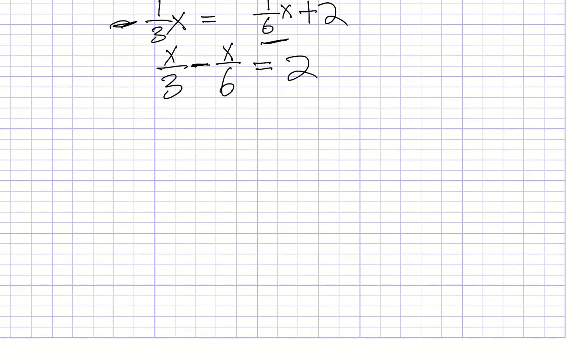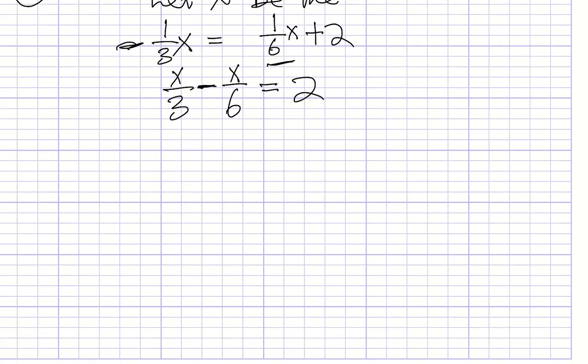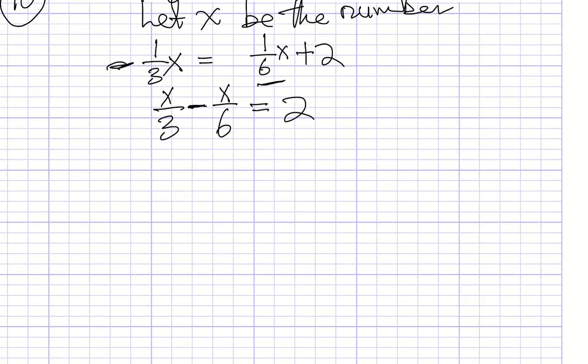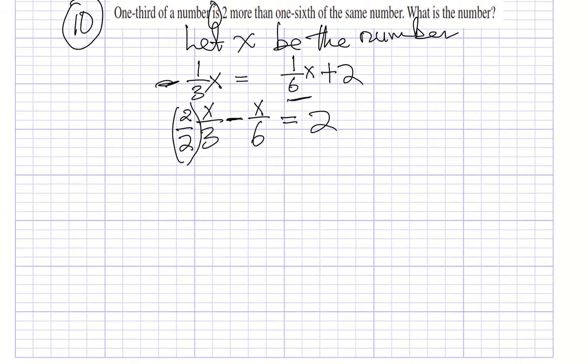You see that, right? Now we have to combine the left side. We'll use our trick. We want the same denominator, remember? So we'll multiply this by 2 over 2. That will give us 6 in the denominator.